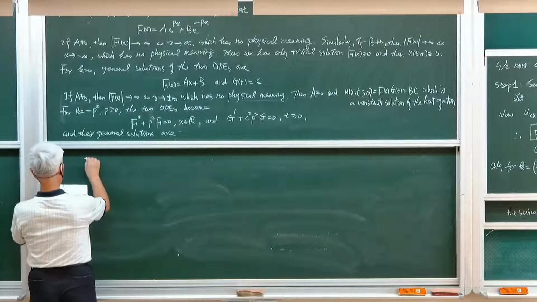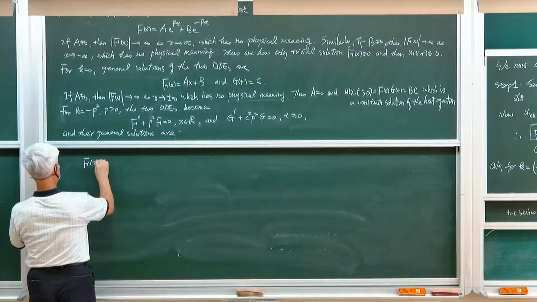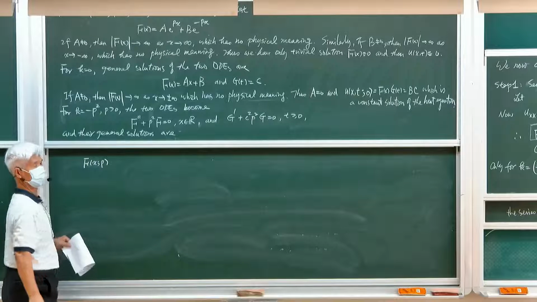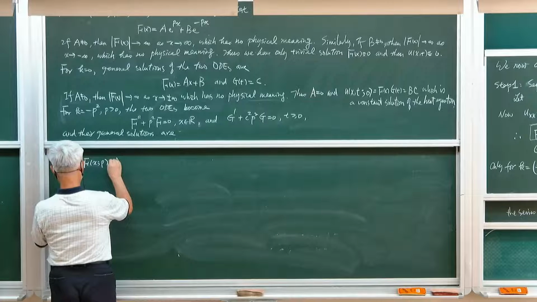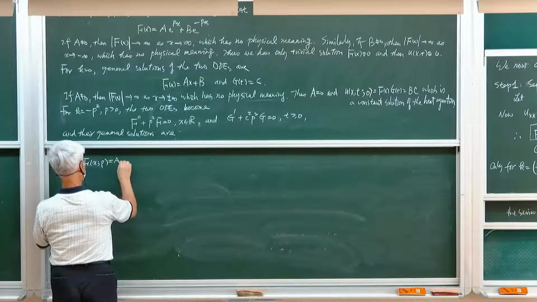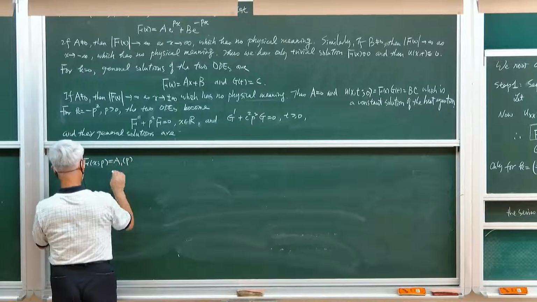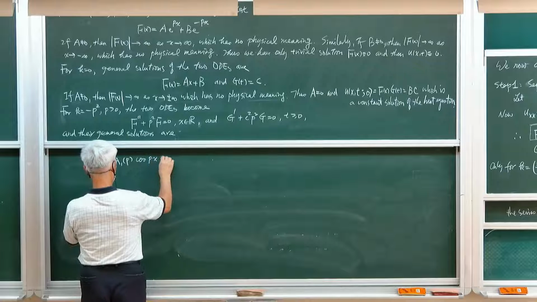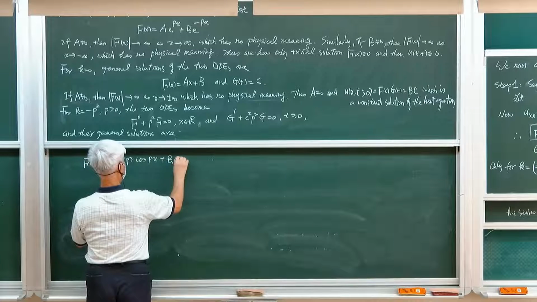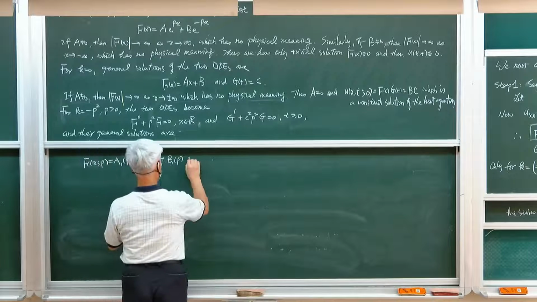All right, f of x p, right? So p is a parameter. A1p cosine px plus b1p sine px.